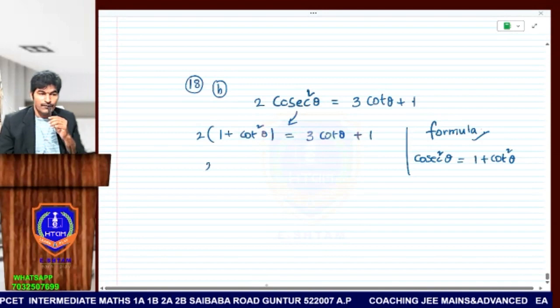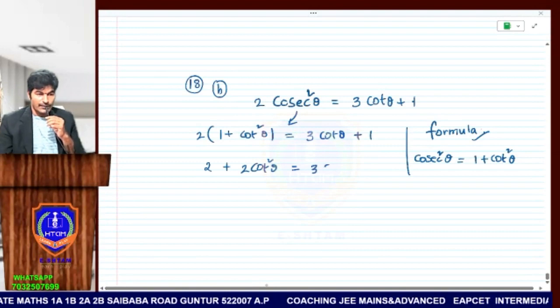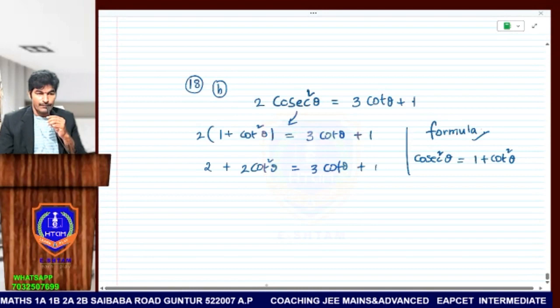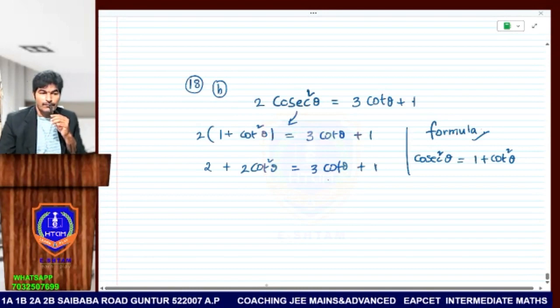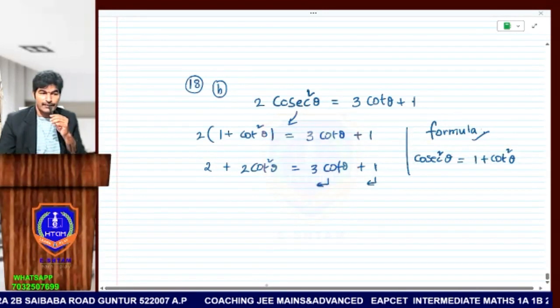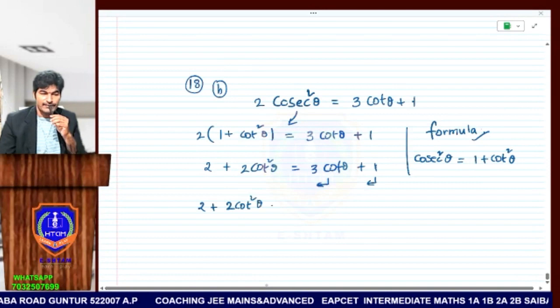So 2 into 1, that will be 2, plus 2 into cot square theta, which is 2 cot square theta, equal to 3 cot theta plus 1. Okay, understood? Now we will move all the terms to the left hand side. So 2 plus 2 cot square theta are already in the left hand side, and we are moving these terms.